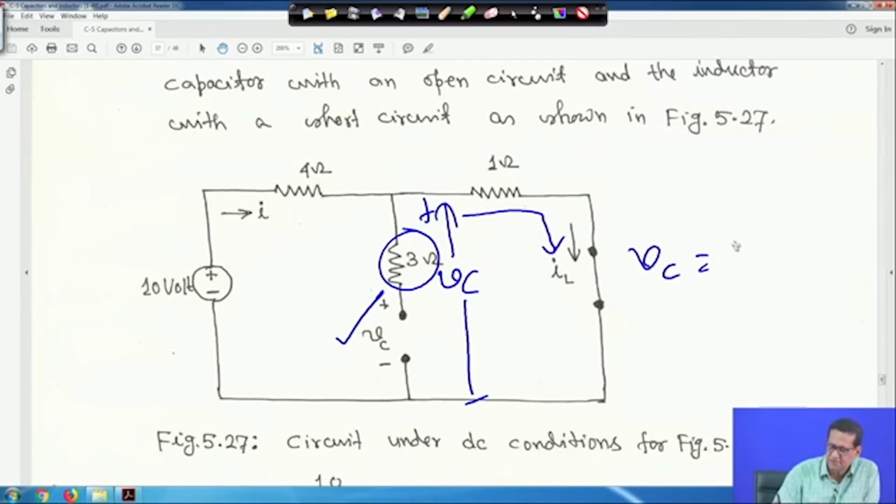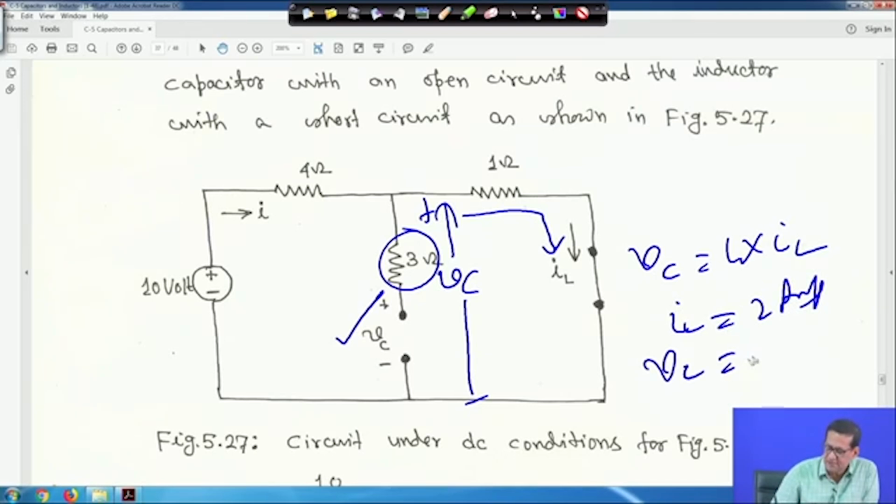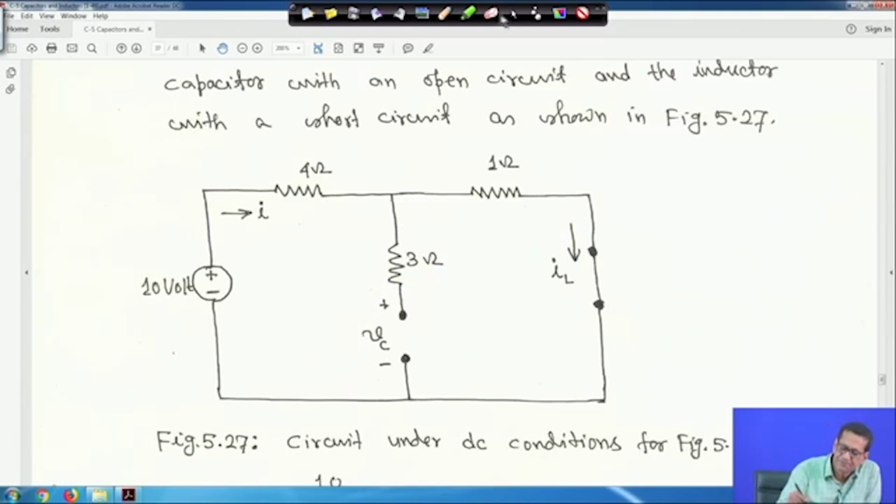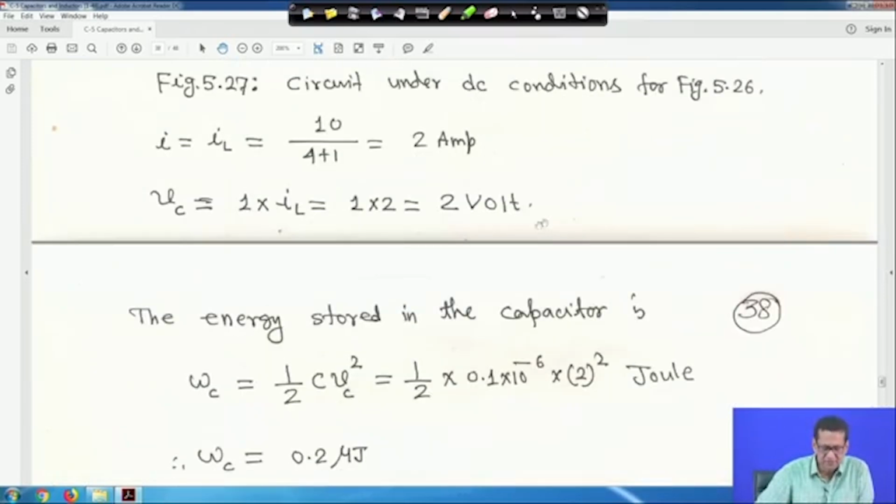So, Vc is equal to 1 into IL, and IL is equal to 2 ampere, therefore Vc is equal to 2 volt. That is why Vc is equal to 2 volt.